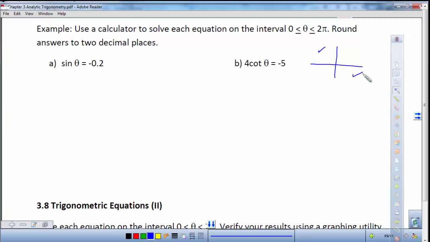Now, if I'm going to do this on the calculator, I'm going to have to convert this to tangent. So we're going to say cotangent theta equals negative 5/4, or tangent theta equals what?